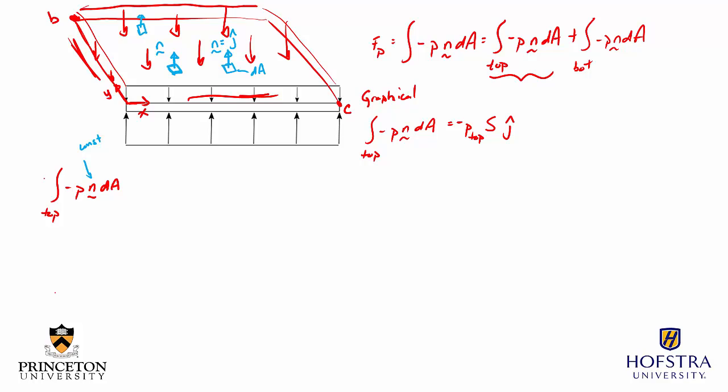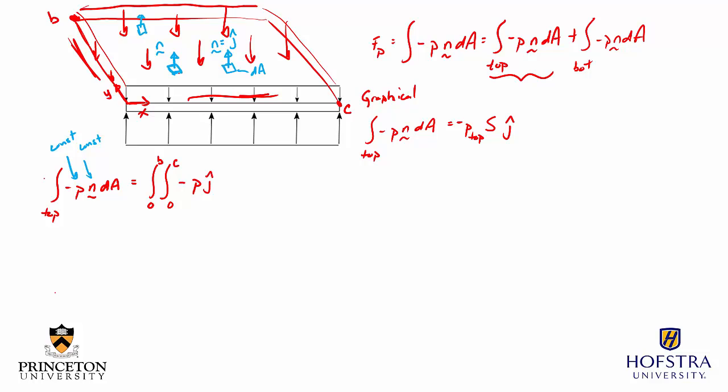In addition, the pressure is not changing, so the pressure is also a constant. This will help with the integration, in that I can think of this integral as a double integral, integrating over the x direction from 0 to c, and in the y direction from 0 to b, of minus p times n, the unit normal. We said on the top surface, this is just equal to j.